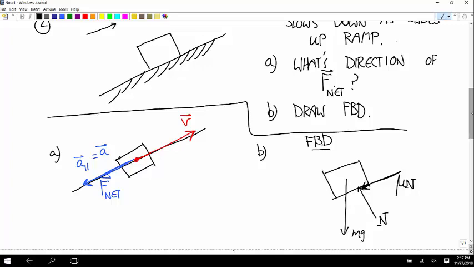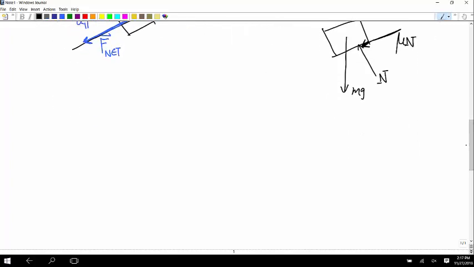Okay. So now we're going on to a new topic, sort of new. We're still using Newton's second law, but now we're going to do calculations that only involve circular motion.